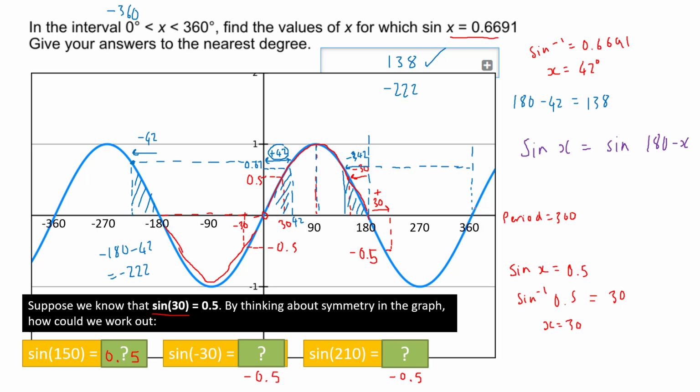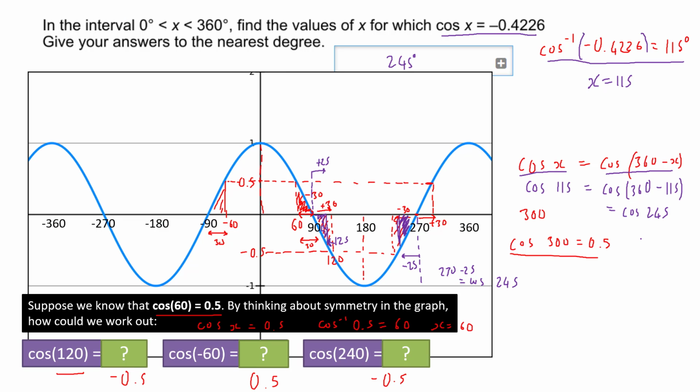And you can see why sine 30 equals sine 150, because that exactly fits that. So when x is 30 here, 180 minus 30 equals 150, and this all works because of the symmetry and the shapes of the respective graphs. And I hope that really makes sense, and that will help you a lot.